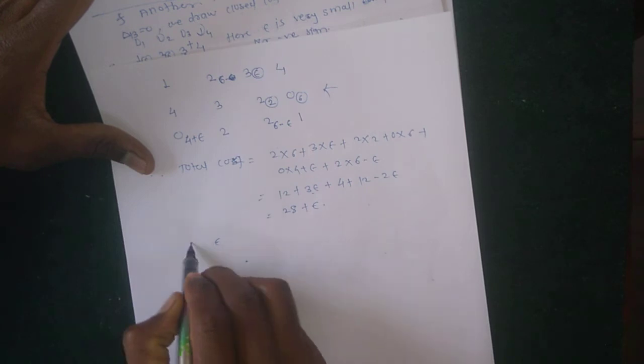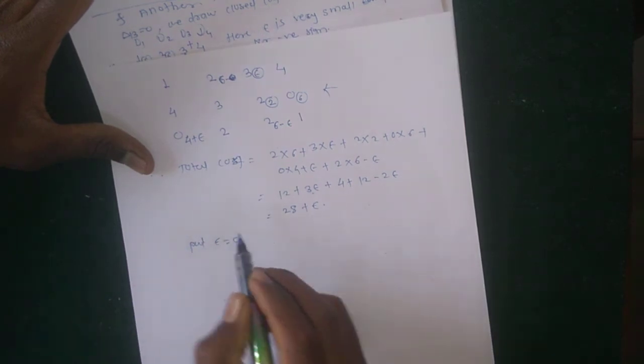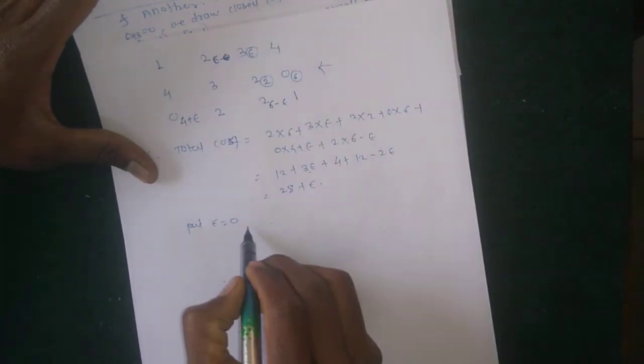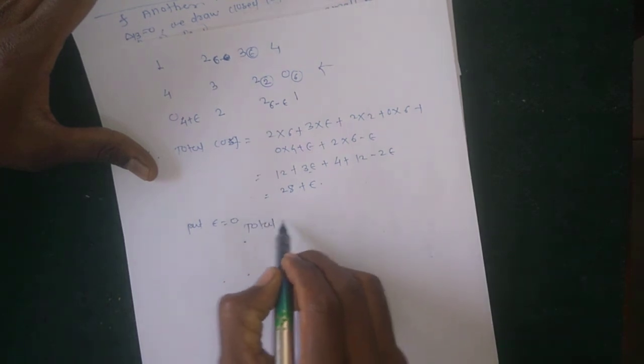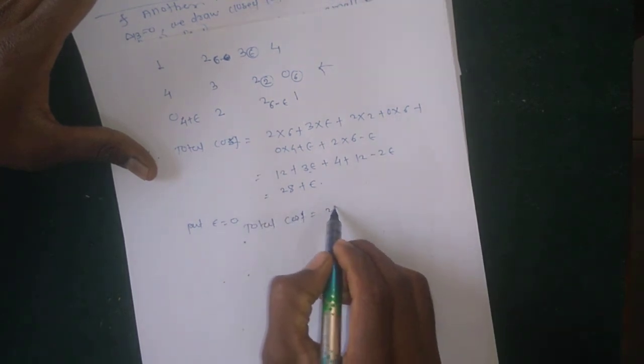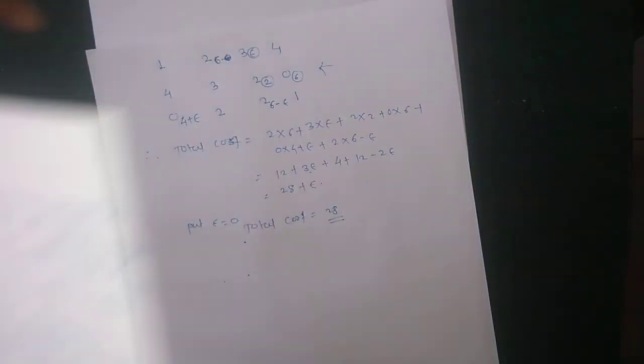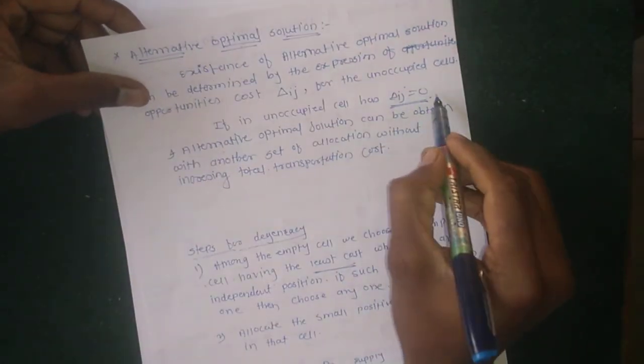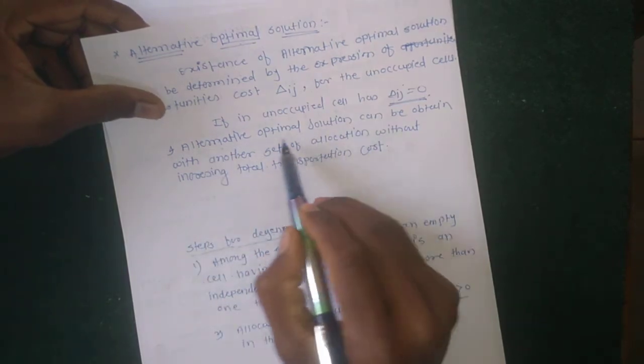Putting epsilon equal to 0, we get total cost equal to 28.